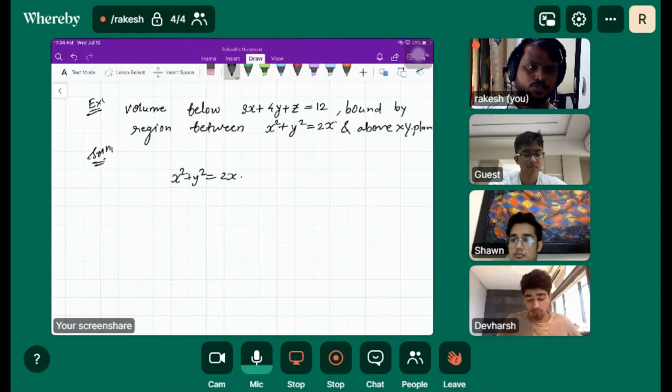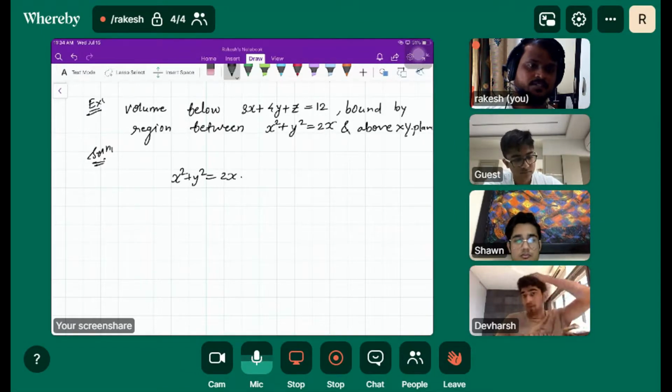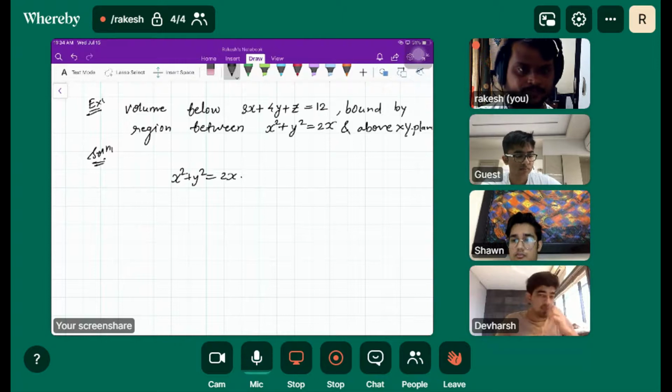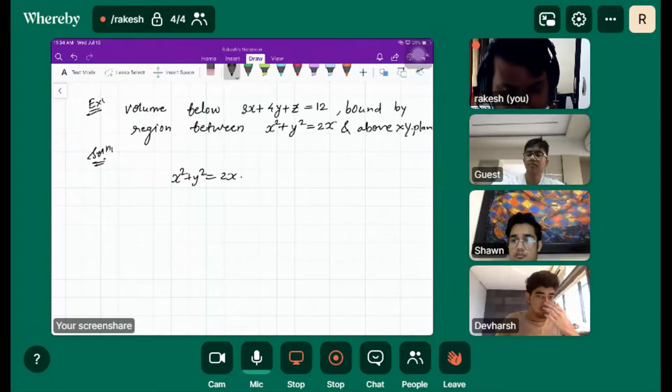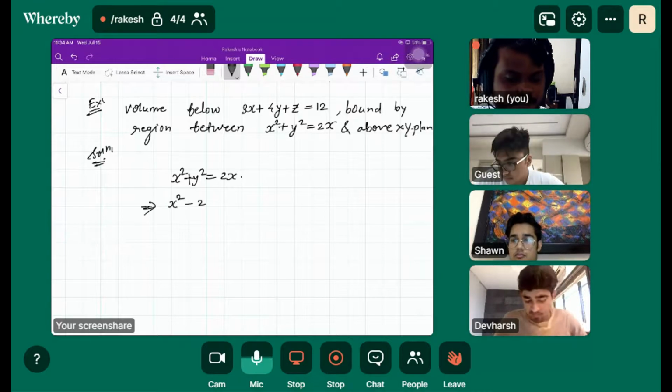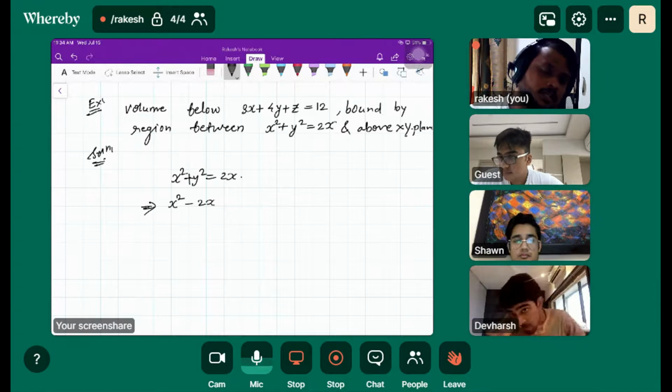So this is a circle. What is the center of this circle, and the radius? Can you convert this into the general form of the equation of the circle, like we did before? It'll be 1 comma 0, right?